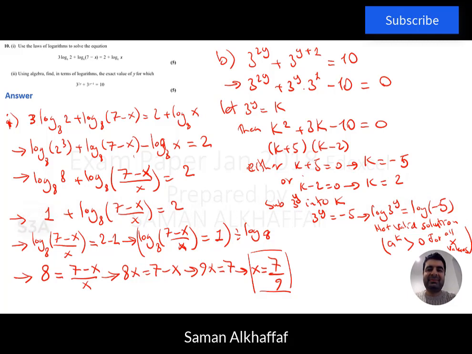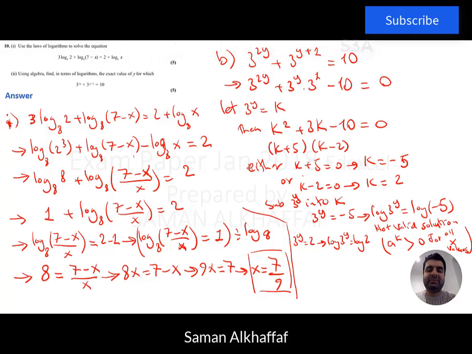Now we also substitute 3 to the y equals 2. So now we will also take the log of both sides. I'll just separate this. We would have 3 to the y equals 2, and that will give us log of 3 to the y equals log of 2.